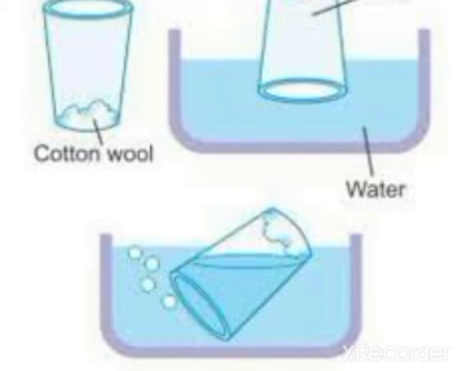Now, why do you think the water could move inside the bottle or the glass in the tilted position? It is because air was already present inside the bottle or the glass, which occupied the space inside, and therefore there was no space for water to go inside.